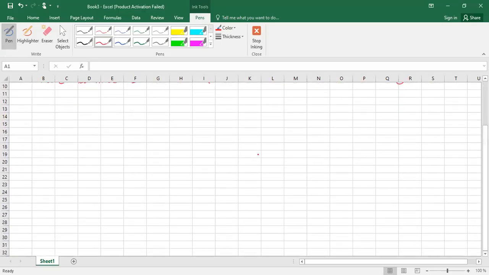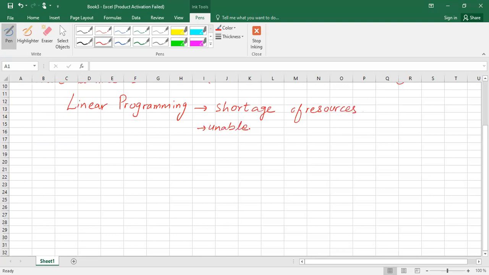What is this linear programming? Linear programming basically says that a company is facing shortage of resources. That's why a company is unable to meet its maximum demand.